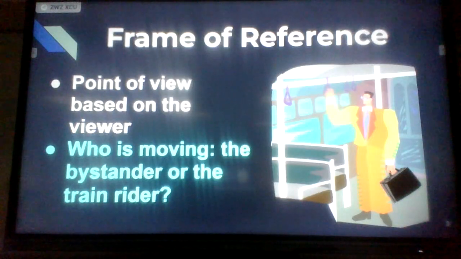But again, his frame of reference, to his eyes, is that his wife is the one pulling away. That may sound strange, again, because we know what's really going on, but you have to consider just the eyes from that point. So who's moving, the bystander or the train rider? Each one's eyes perceives the other person as moving away, and we call that frame of reference. Ready?